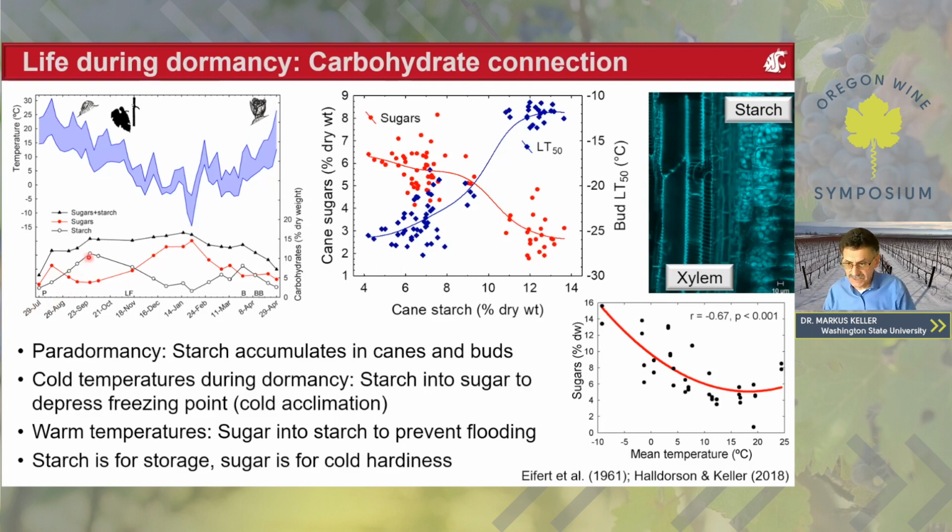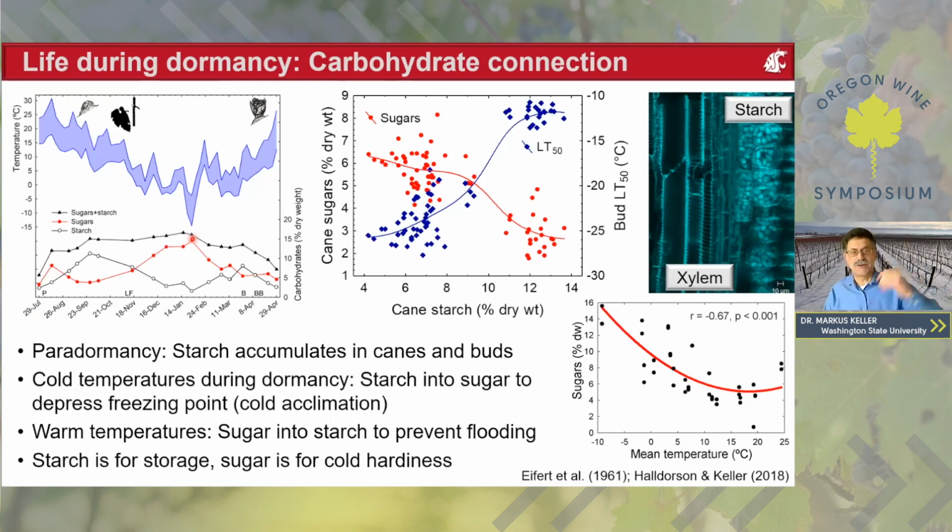They accumulate, and then as the bud starts going through dehydration, the leaves fall off, starch is gradually converted into sugar. Initially, not very much, mostly starch accumulating, and then the starch content declines as the temperature gets colder and the sugar content increases up to a peak where we reach the minimum temperature, and then things switch around again.